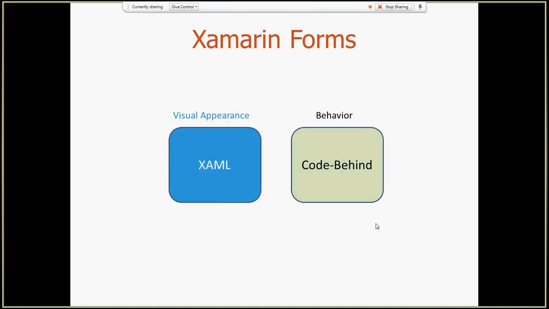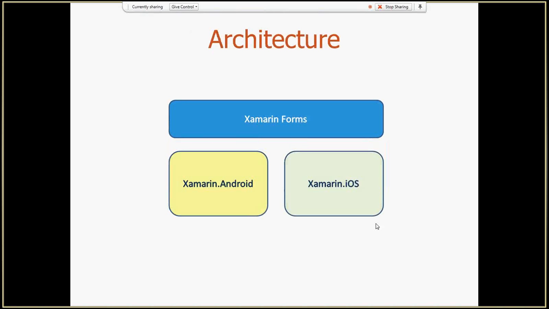So let's move on to the architecture. Basically Xamarin Forms is built on top of two existing libraries called Xamarin.Android and Xamarin.iOS. With Xamarin Forms, we are working with a single unifying API for creating user interfaces.